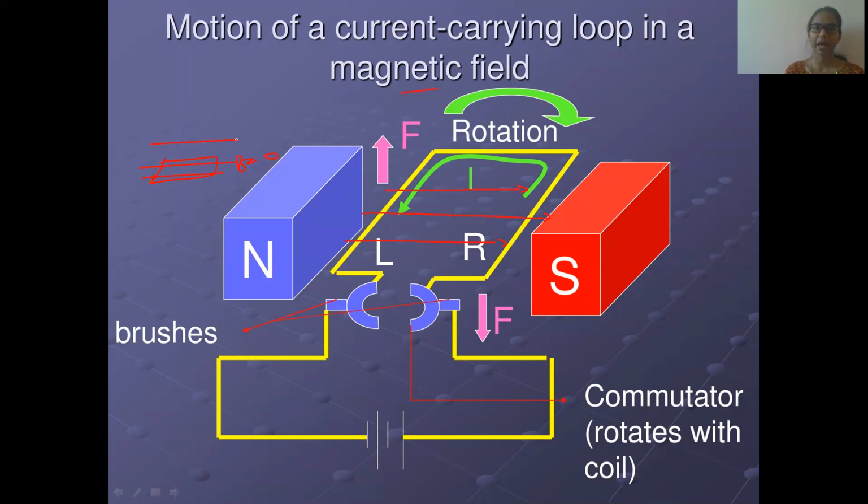When it makes some angle between the coil and the magnetic field lines, only at that time will the magnetic force be present. That means when it is in the vertical position, the complete force acts.